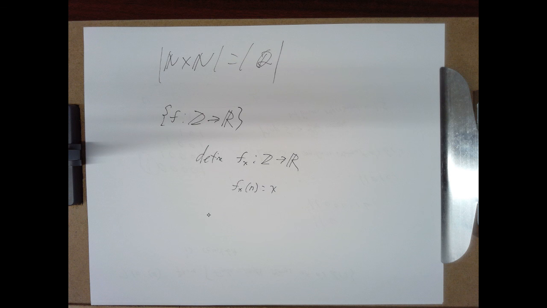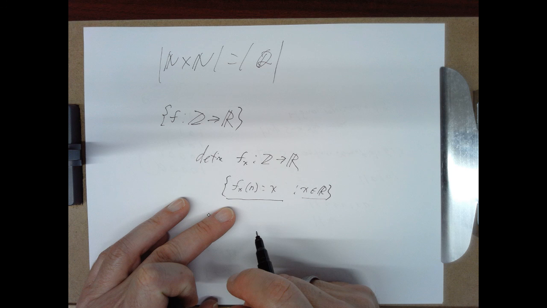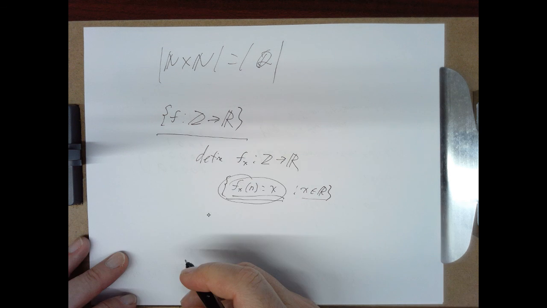The set of all of these is a subset, but how many of these functions do I have? The same number as I have real numbers. Any real number defines a new function from Z to R. And since I have an uncountable number of reals, I have an uncountable number of functions of this form. And that's just a small subset of the space of all functions. So this is certainly uncountable.